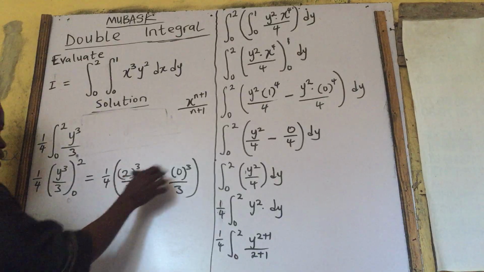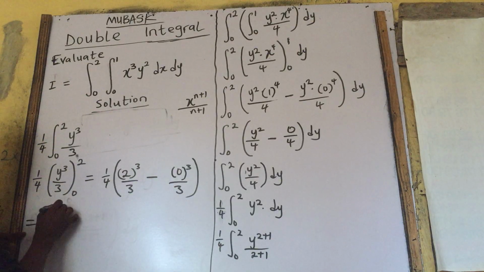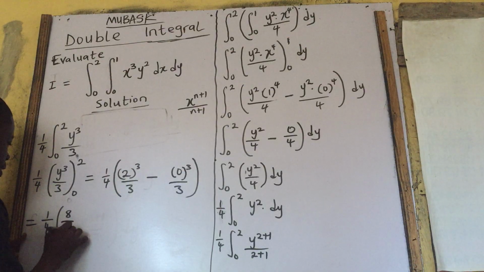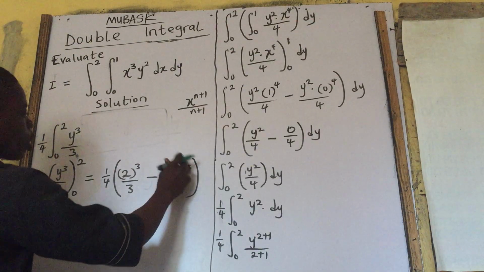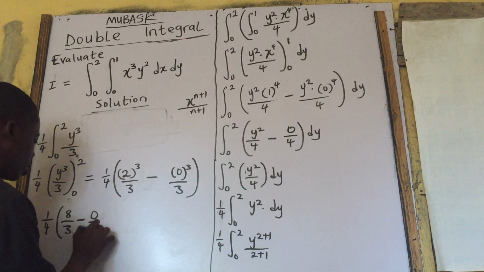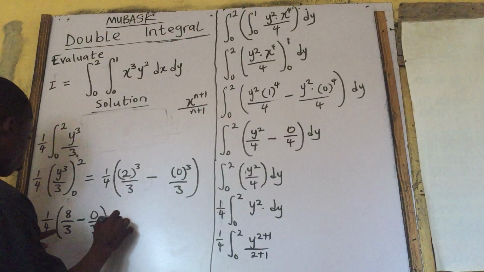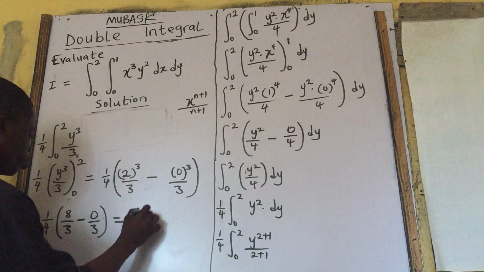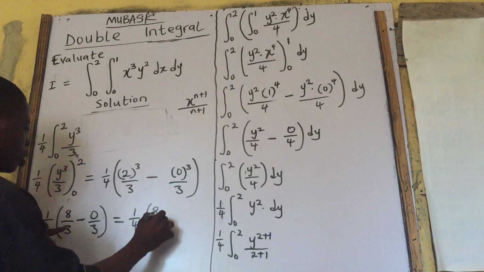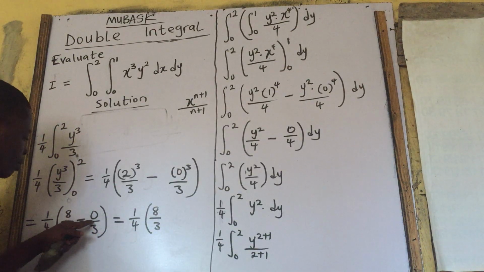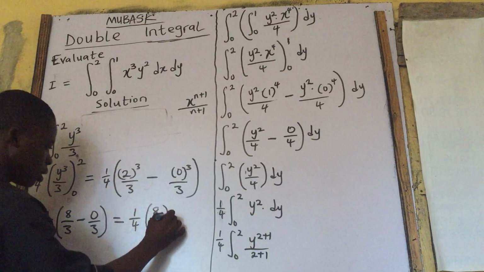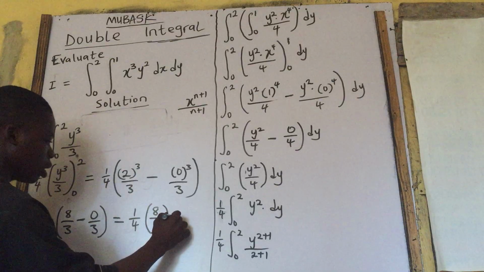Now equal to 1 over 4 open bracket 2 raised to power 3 is 8 divided by 3 minus 0 raised to power 3 is 0 divided by 3 close bracket, equal to 1 over 4 open bracket 8 divided by 3 minus 0, close bracket.